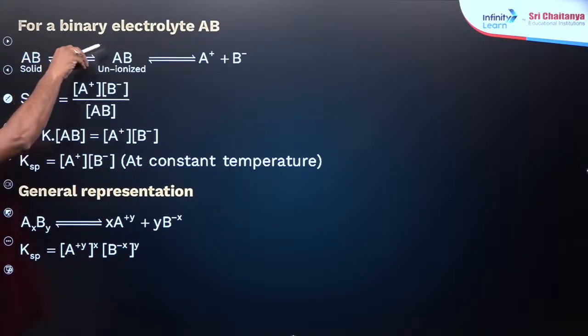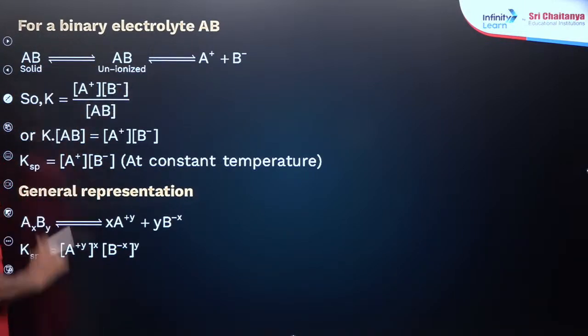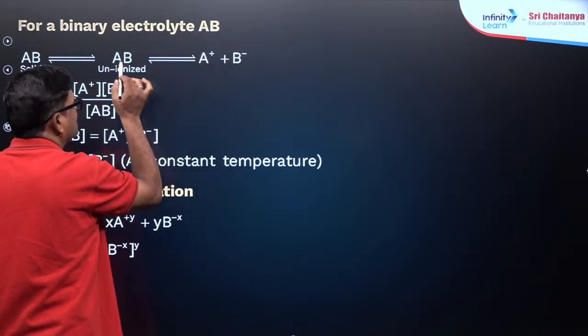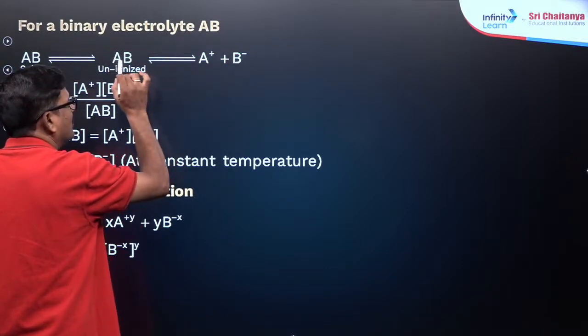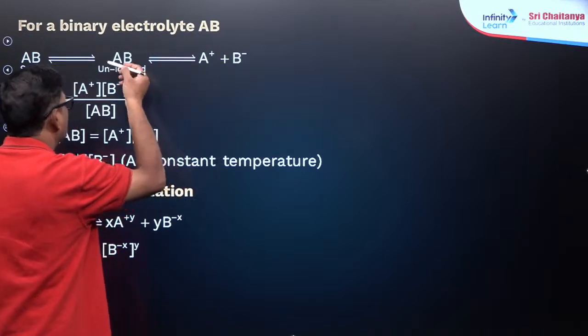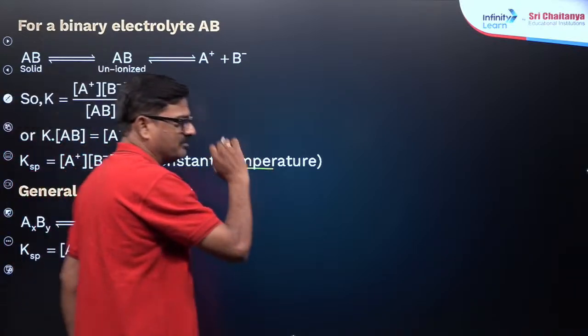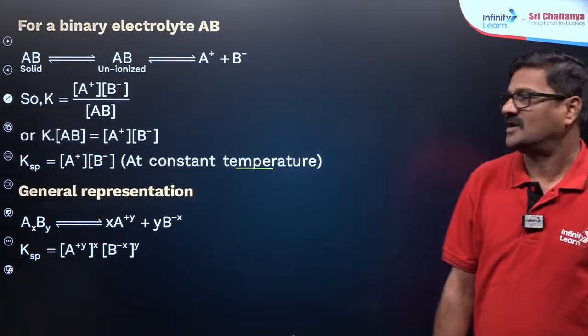When you add water, there is an unionized form of AB and ionized form of A plus and B minus. इन दोनों के बीच में इक्विलिब्रियम होगा. Ksp is equal to A plus and B minus, as long as temperature is constant.